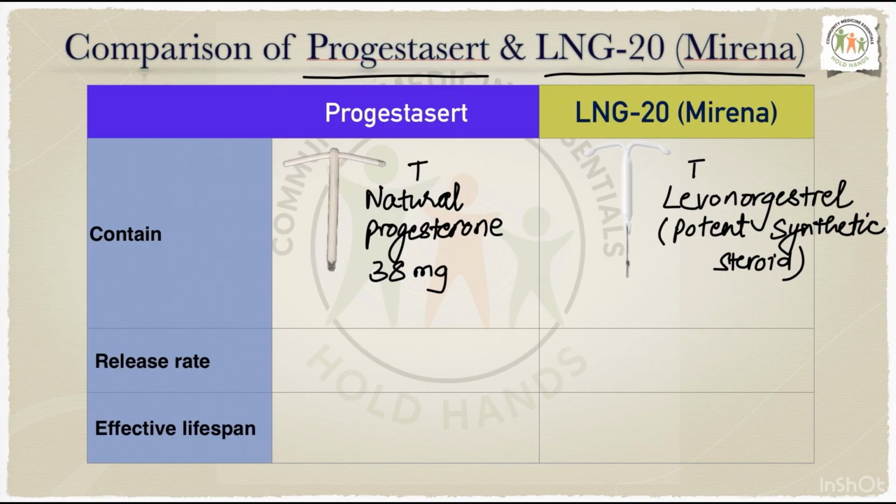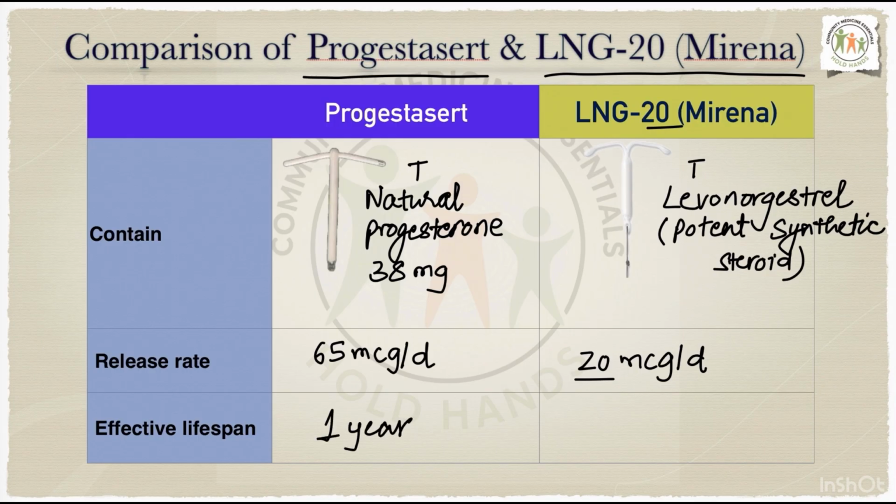For progestasert, release rate is 65 microgram per day, and for Mirena or LNG20 it is 20 microgram per day. Effective lifespan, progestasert has short lifespan of only 1 year, and Mirena has longer duration of action of 7 to 10 years.